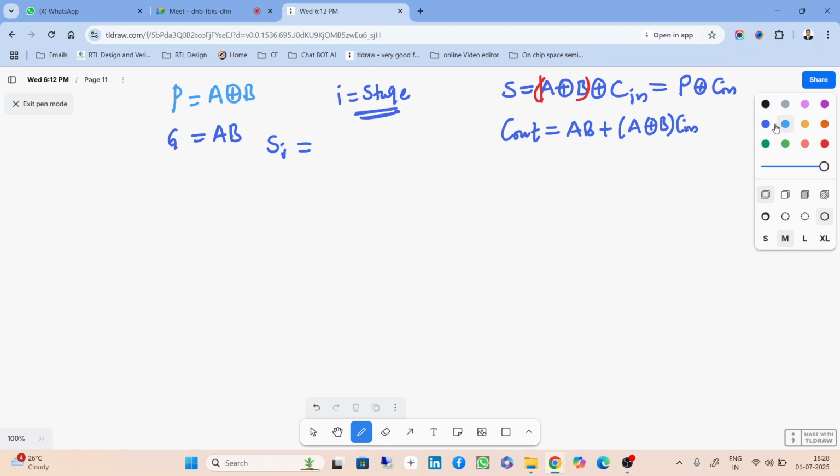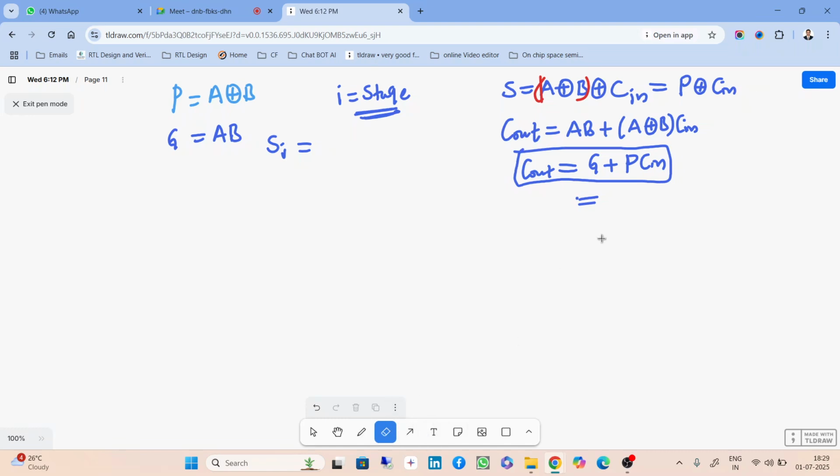And this one, how I can write Cout? Cout equal to G plus P into Cin, no? So you can write this as G plus P into C.